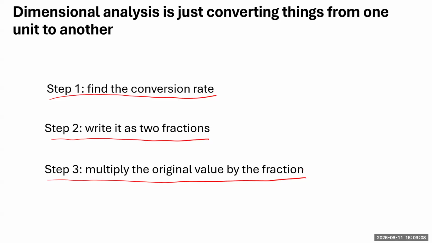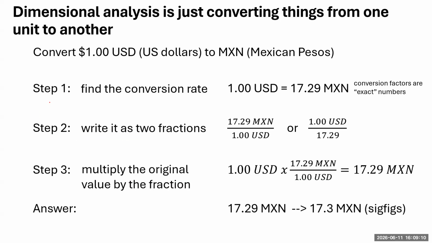So let's try this. We're going to convert $1 to Mexican pesos. So step 1, find the conversion rate. It's a number, a unit, followed by an equal sign, a number, and a different unit.